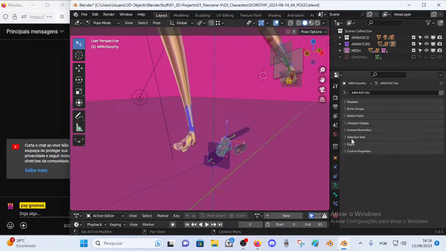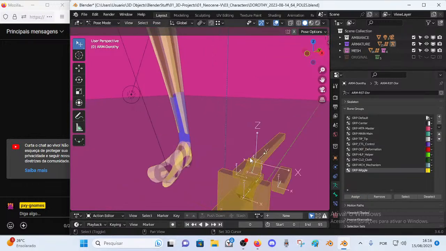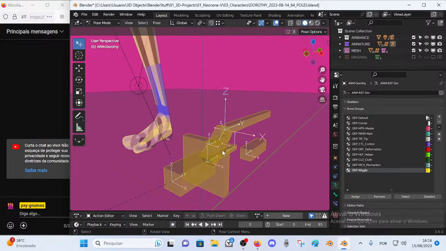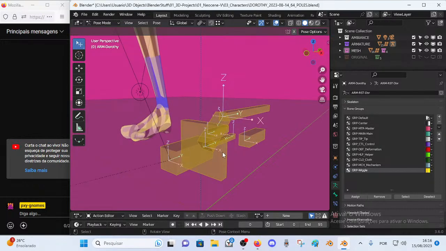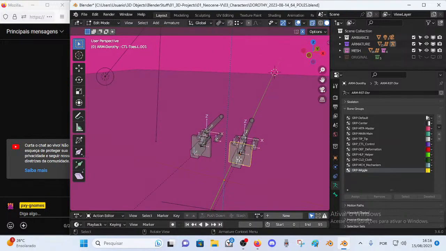I'll give them a new color so I don't get confused for now. So let's see, bone groups, then let's give them this very different wild color here. So to get started, yeah, their names are all probably having this one, and okay, they are matching.